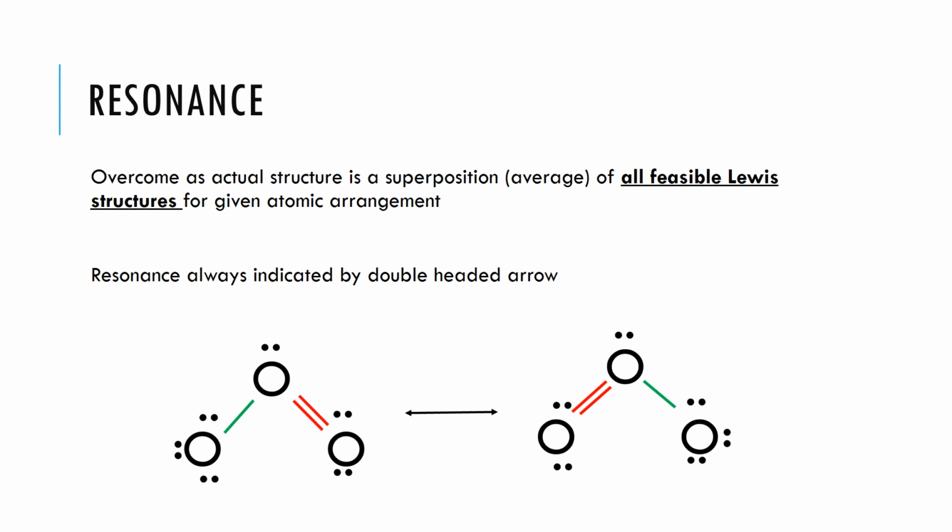You can highlight that resonance by drawing the two Lewis structures there and putting a double-headed arrow in between the two structures. That tells the reader that the actual structure of that molecule is somewhere in between the left and right structures shown at the bottom there.